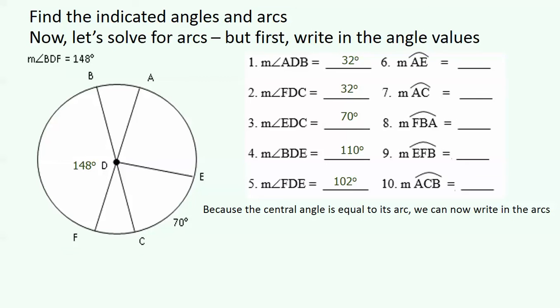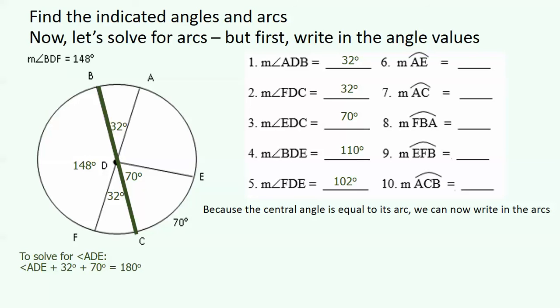Now let's solve for the arcs. But first, we'll write in all of our angle values. So angle BDA was 32 degrees, same as angle FDC. So to solve for angle ADE, I see that BDA and ADE and EDC all form a diameter.